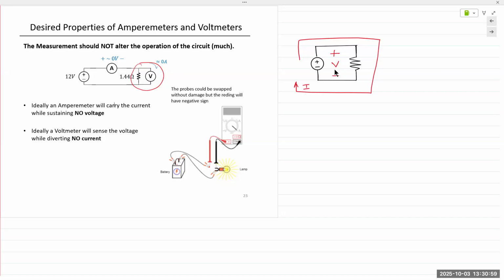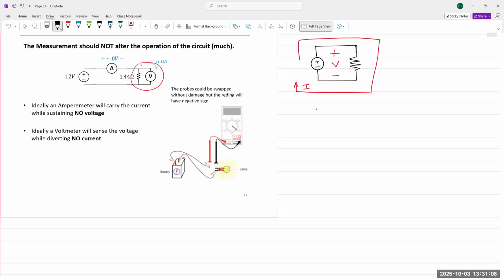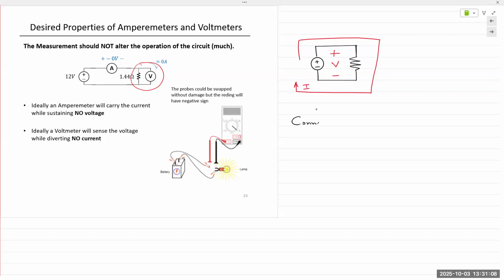If we connect a voltmeter, the electrical circuit could look like this. This is the original resistance R, and this is the voltmeter resistance, Vm.